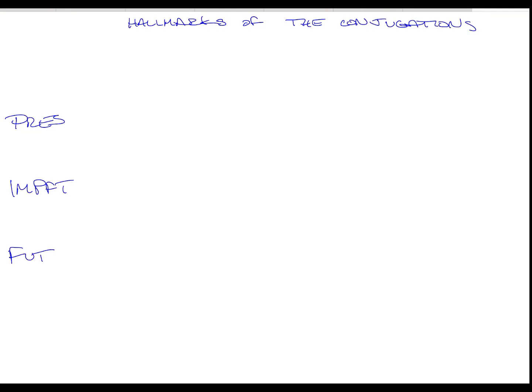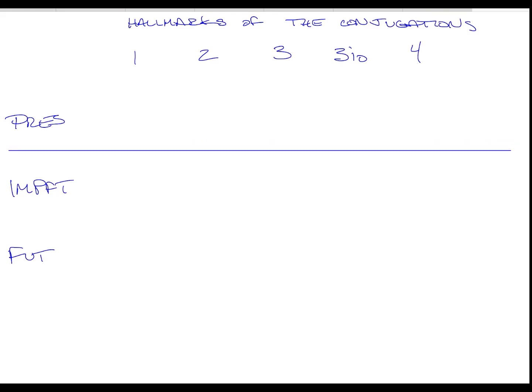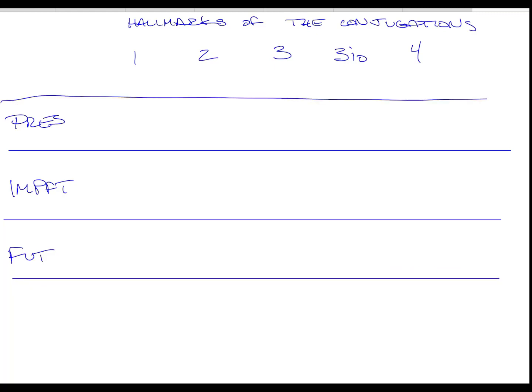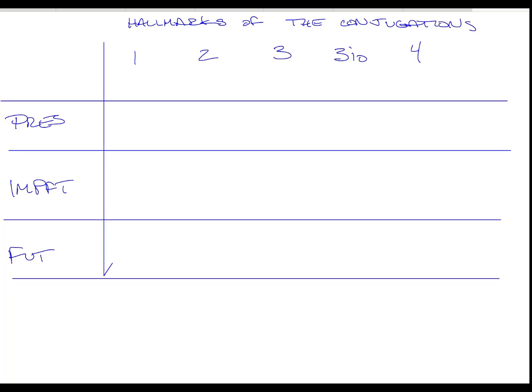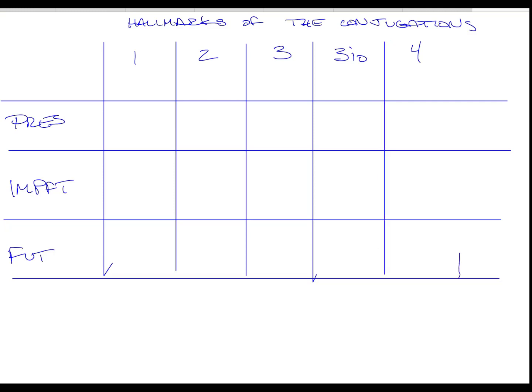And now we have all the conjugations: the first conjugation, the second conjugation, the third conjugation, the third IO conjugation, and the fourth. So let's draw some lines. We'll make a nice little chart here so that we can help to identify, when we see a word, what is the sign for whatever conjugation we're looking at.